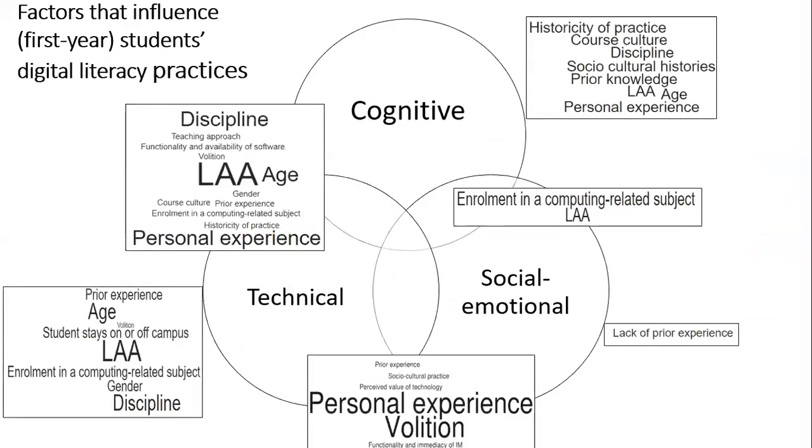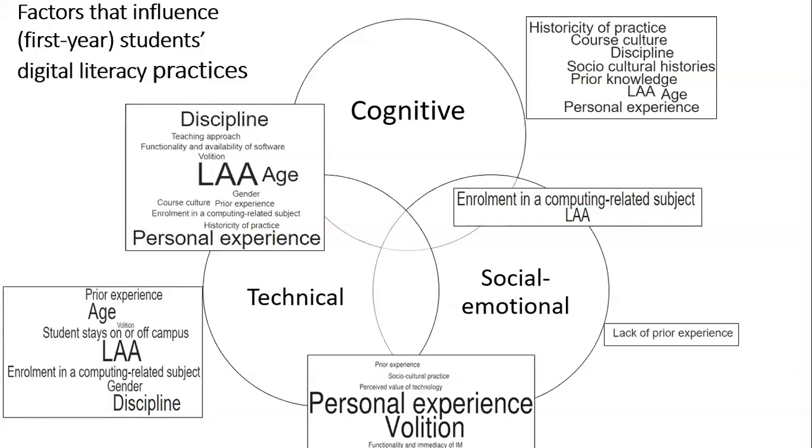So with the factors influencing digital literacies or digital literacy practices, there are so many factors that could be influencing this, but you will notice that the learning and assessment activity, which is the LAA, really appears in all these different dimensions.